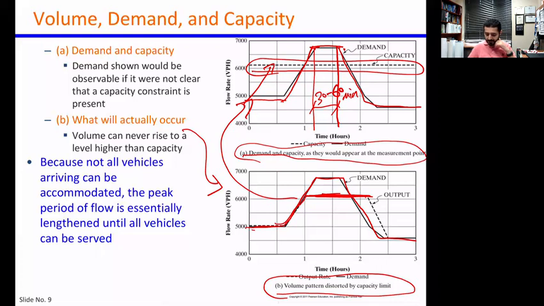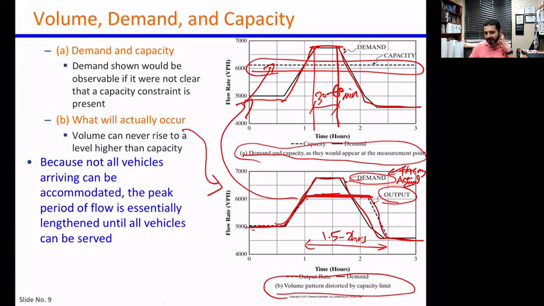We're reaching the capacity, and once we reach the capacity, it's going to take us, this is the output, this is really reality versus theory, this is the actuality. So it's going to take us about maybe from here all the way till here. We're talking somewhere between 1.5 to 2 hours in some locations, and then afterwards the demand will be lower than the capacity and the problem will be solved.